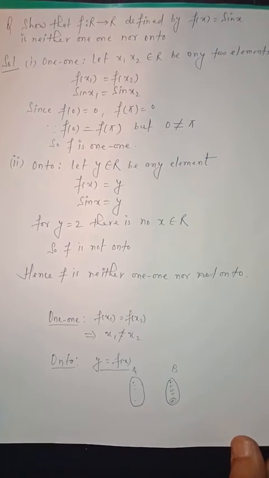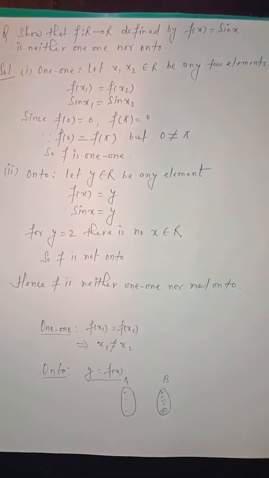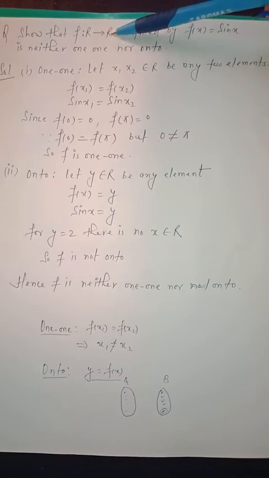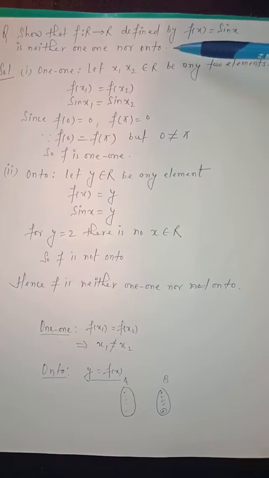In this series, take the first problem where we show that a function from R to R, here this R is set A and this R is set B, defined by f(x) is equal to sin x, is neither 1-1 nor onto.